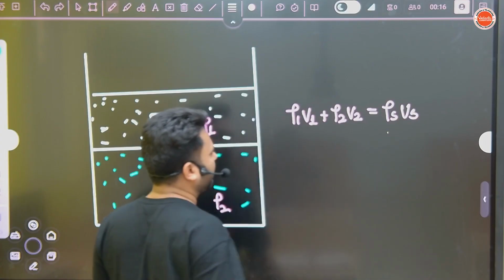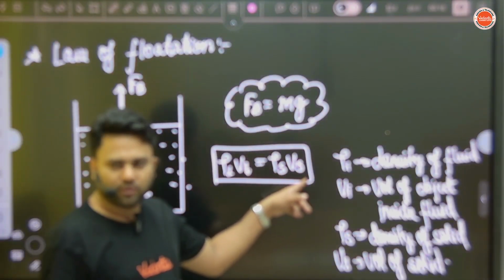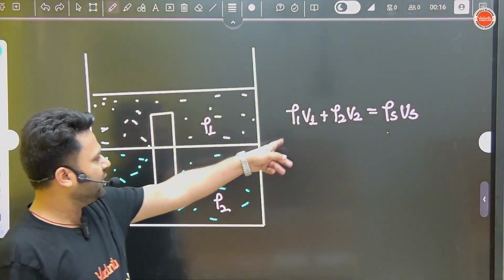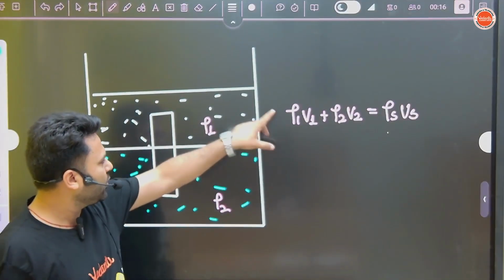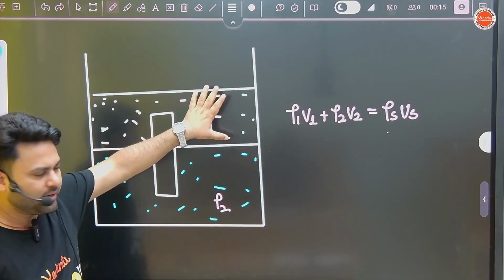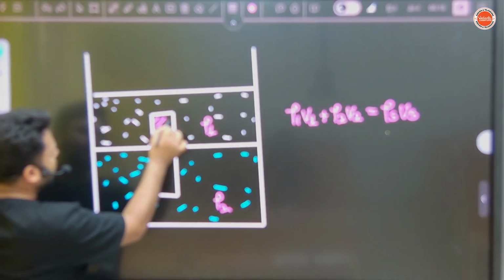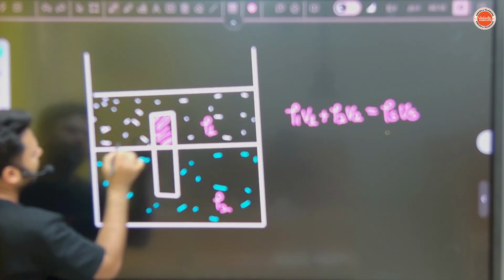See, when only one liquid was there, what did we write? Rho 1 V1 equals rho S Vs. If two liquids are there, then rho 1 V1 plus rho 2 V2 equals rho S Vs. Rho 1 is the density of liquid 1. V1 is that volume of the solid which is inside liquid 1.